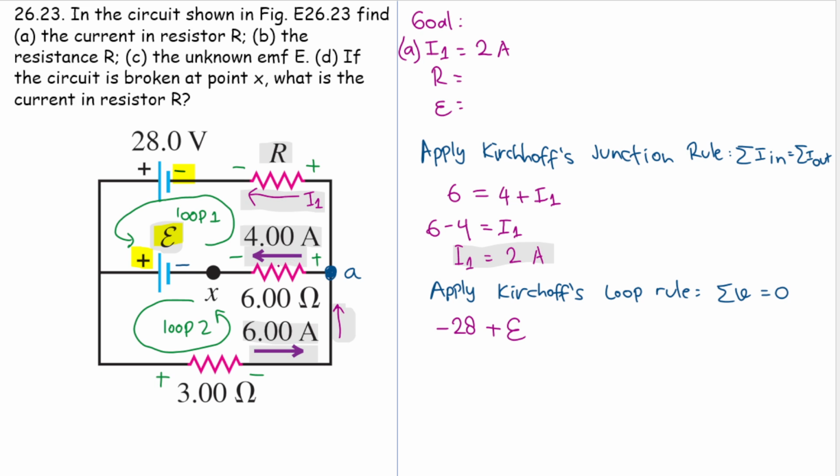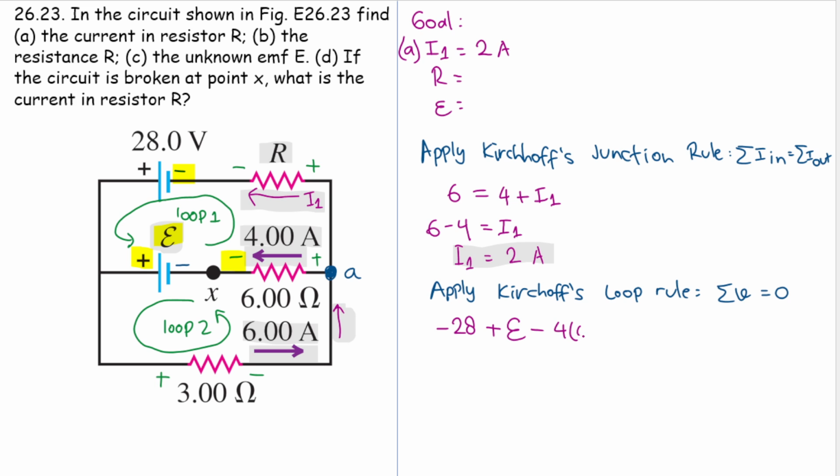Then we have this resistor here, and it enters from the negative polarity, so I will have a minus sign. For the voltage, we multiply the current and the resistance, so I will have 4 multiplied by 6.